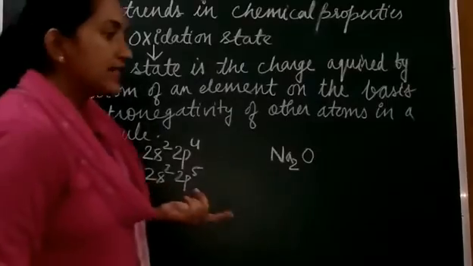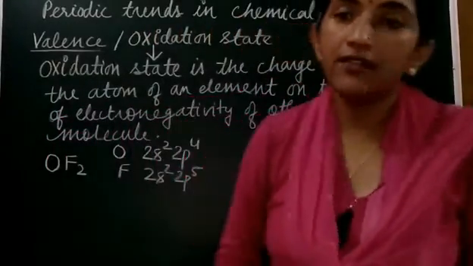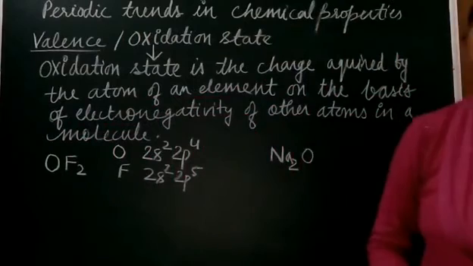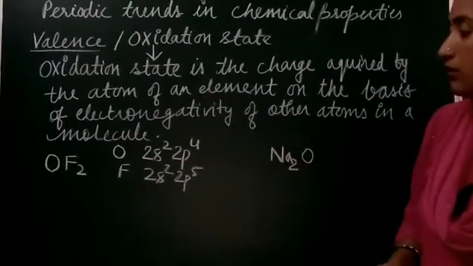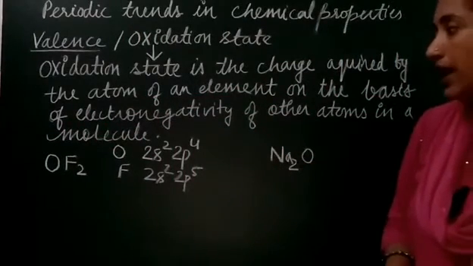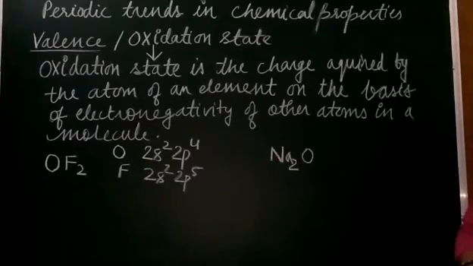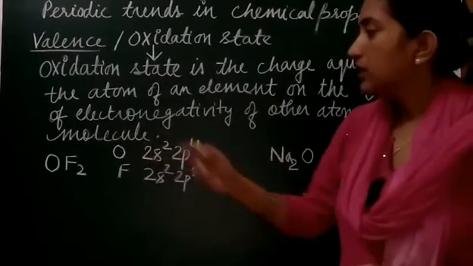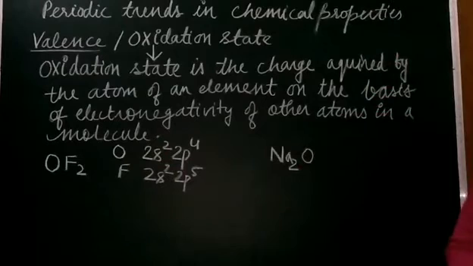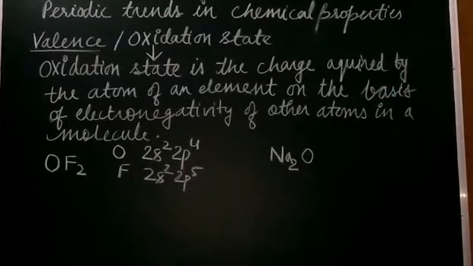It has 6 electrons, so for each oxygen atom we will require 2 fluorine atoms, so that a stable molecule is formed, right students? So if you check the electronegativity of oxygen and fluorine, I am repeating again, which one is more electronegative? Definitely it is fluorine, which is more electronegative than oxygen, right?